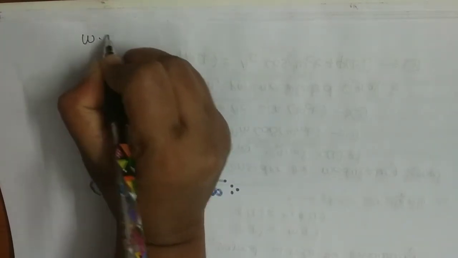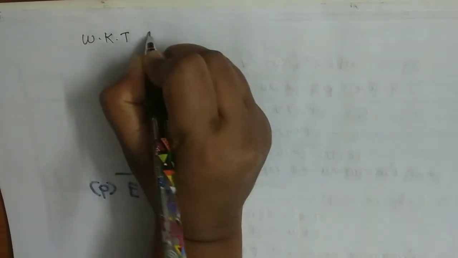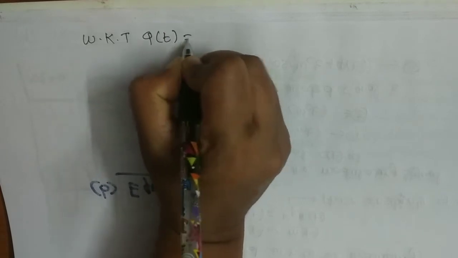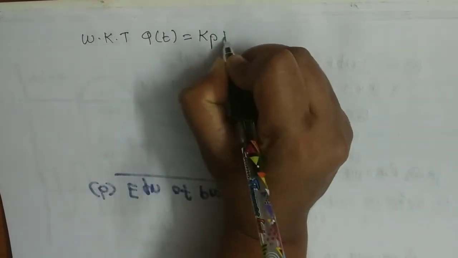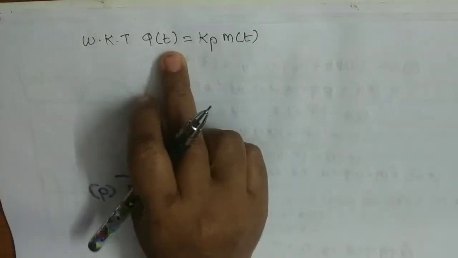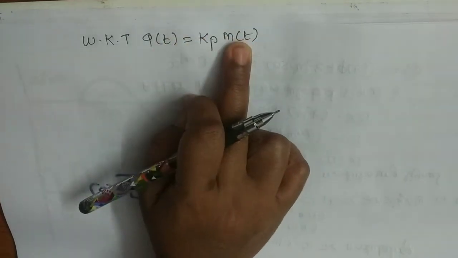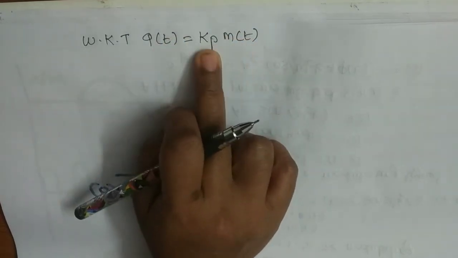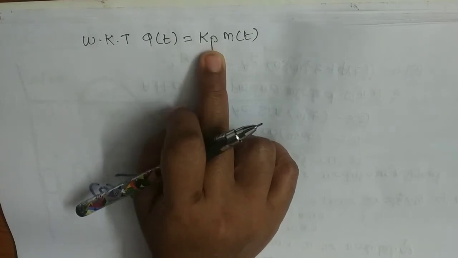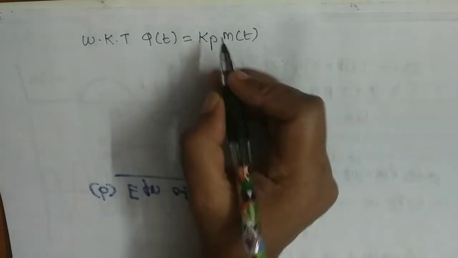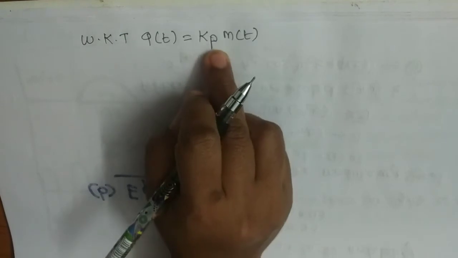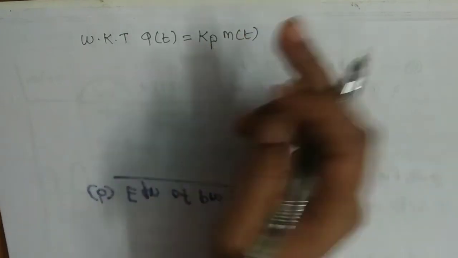See, we know that phi of t is nothing but kp into m of t, isn't it? The phase of the carrier signal is varied with respect to the modulating signal, where kp is nothing but the phase sensitivity of the modulator. So we can substitute this value in the above expression.